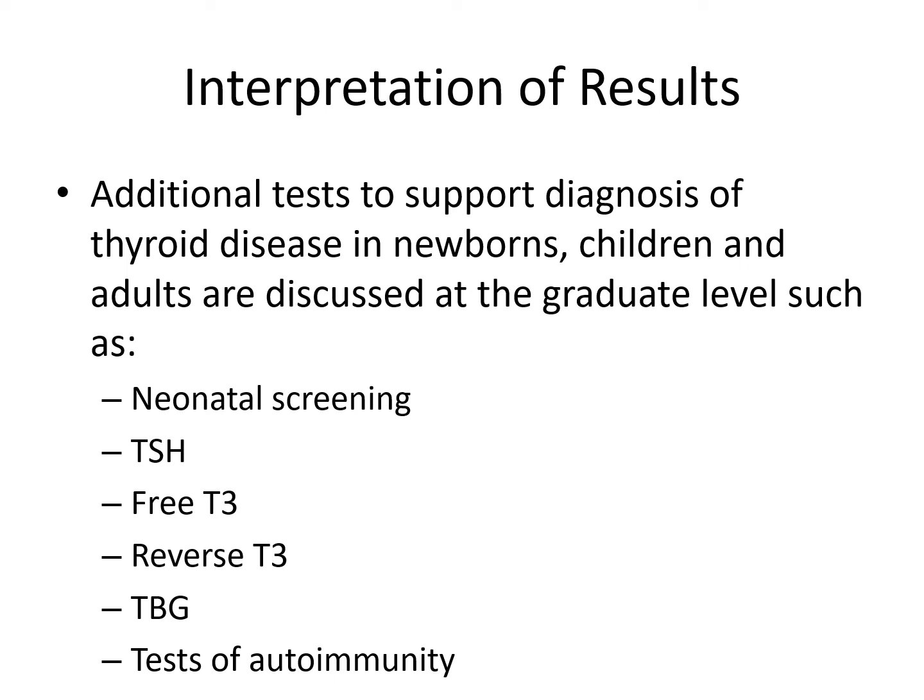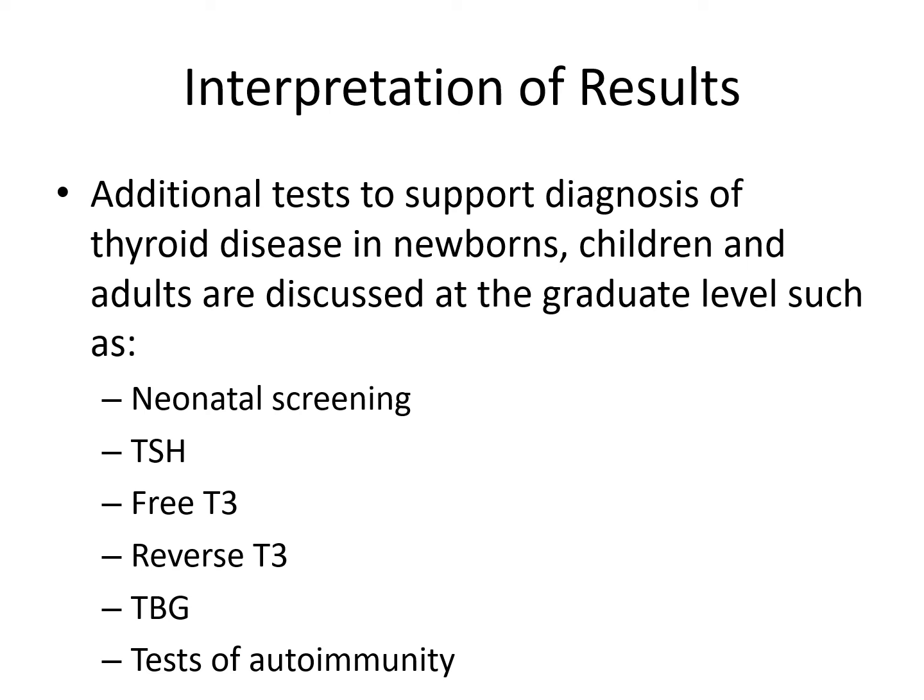Right, so additional testing may be necessary to make a diagnosis of thyroid diseases in newborns, as I mentioned. That is cretinism, which is very important because this may lead to abnormalities, especially mental retardation. So the development of the mental capability has something to do with the thyroid hormones.